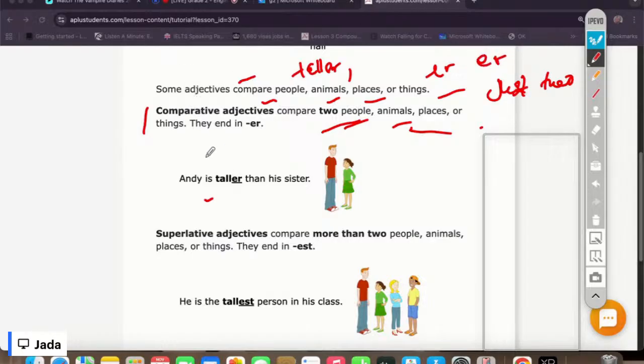I want you all to give me some examples of comparative adjectives that end with er. If you know some of the adjectives that end with er, send them to me on the chat.